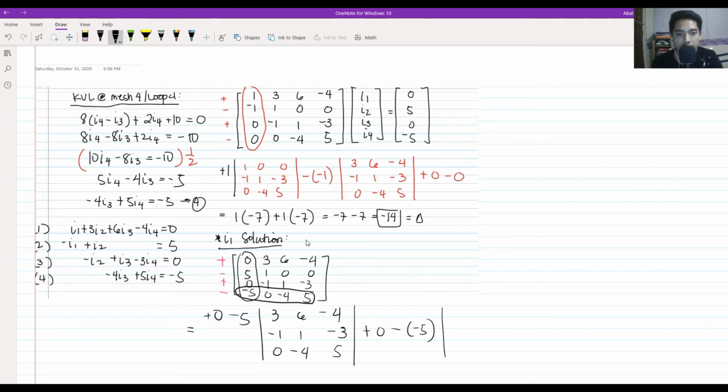So we are left with 3, 6, negative 4, then 1, 0, 0, then negative 1, 1, negative 3.